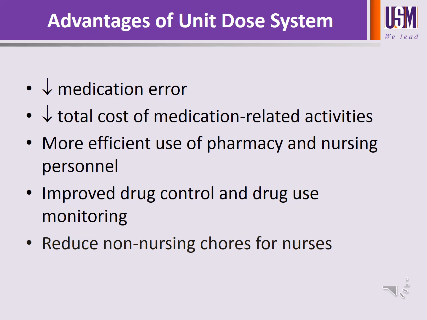And there is a reduced non-nursing cost for the nurses. They don't have to pack the drug and give the drug. It's all being done by the pharmacists, right? And there will be a reduction of inventories maintained on nursing units. So all the drugs will be kept in the pharmacy department. Only drugs that are floor stock items will be kept in nursing units.